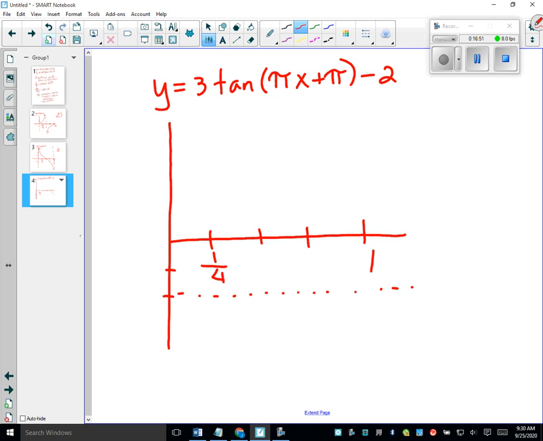Oh, 1/2. Yeah. I'm like, did I move wrong? 1/2 is an asymptote, right? Did you all agree with that one?